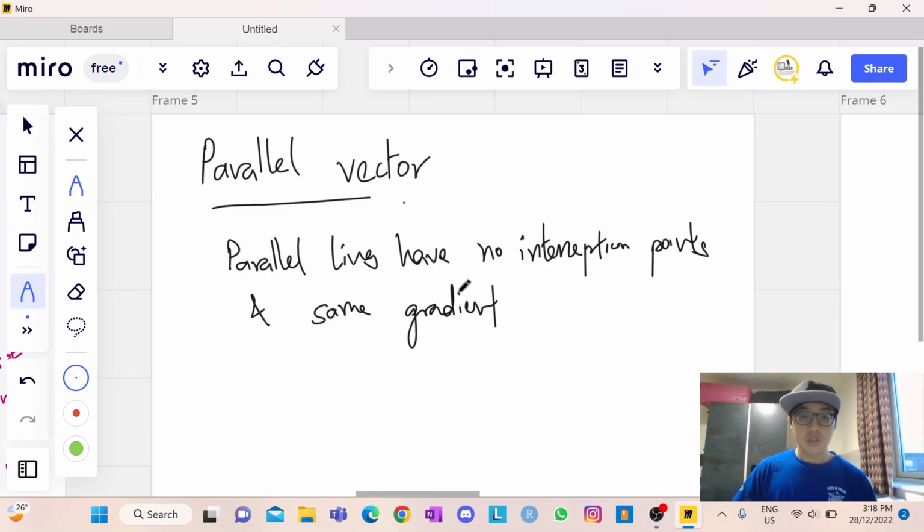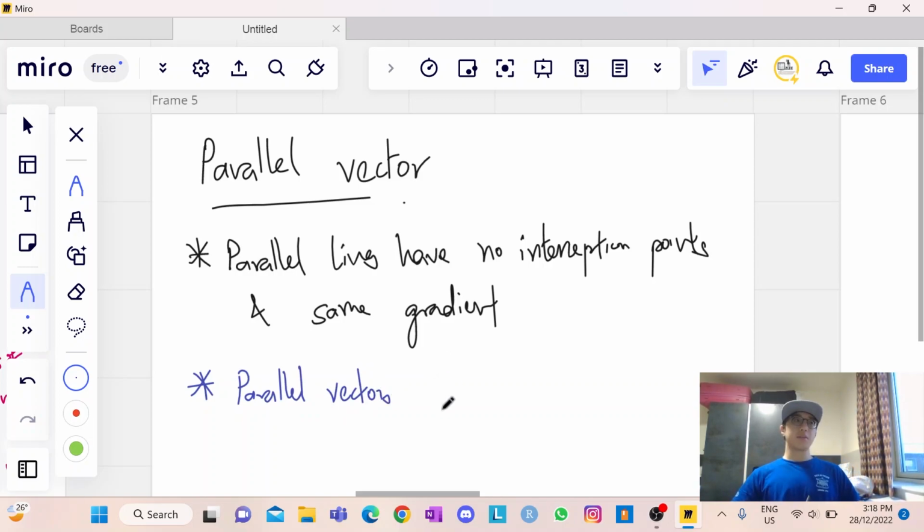So in vectors, this is just a note, parallel vectors also have the same gradient, but in vectors we don't usually use the word gradient, and they have no intersection point between them too. So technically they are the same.